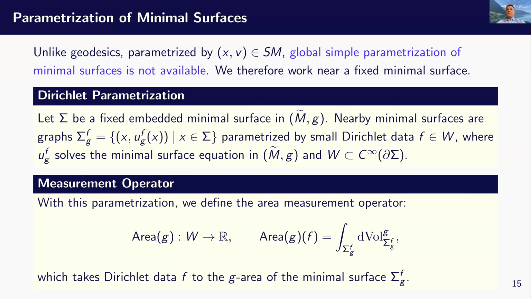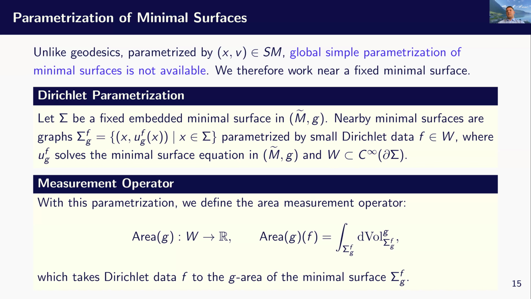With this parameterization, I then define the area measurement operator. So this W is a small neighborhood of 0 in the boundary value functions. And the area measurement operator is the following. So you give a Dirichlet data, consider the graph sigma_f^g, and then you get the volume of that sigma_f^g.